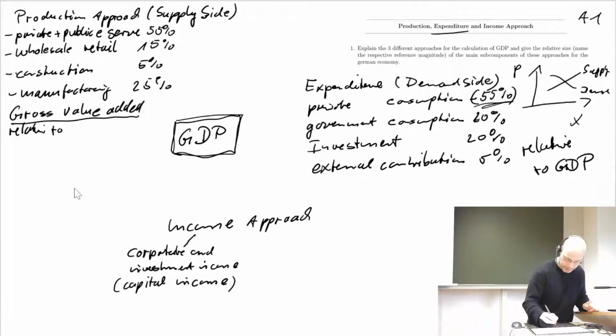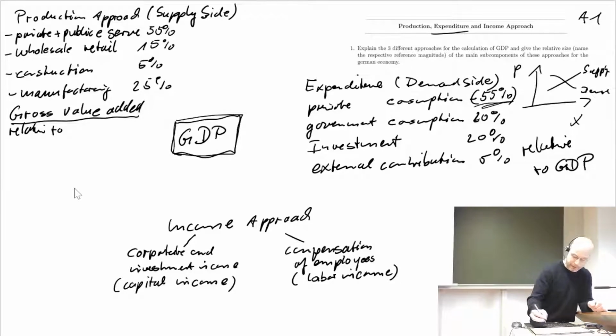And the other one? Compensation of employees. And there, in general, we can say that this is labor income.